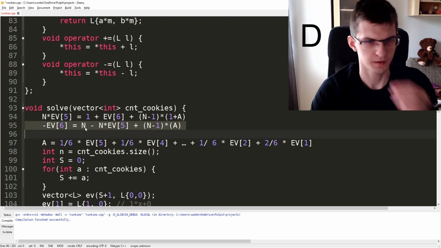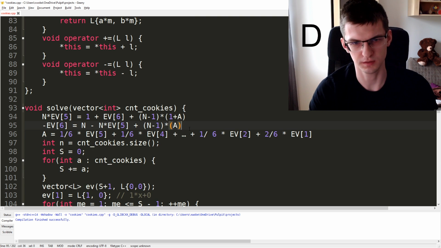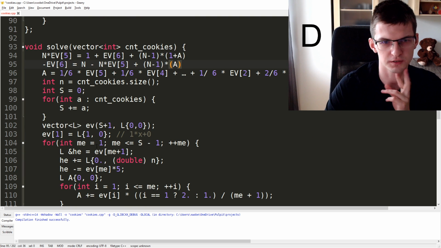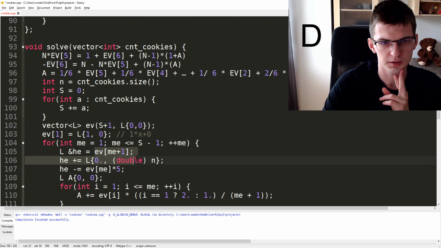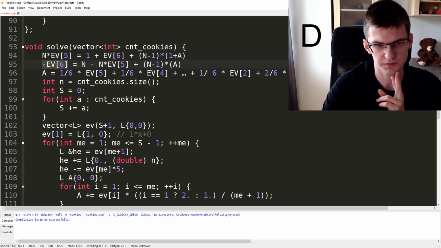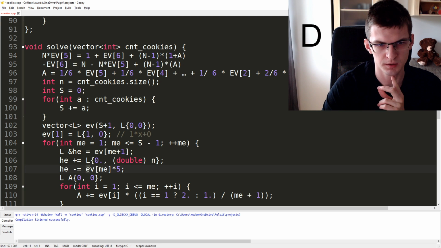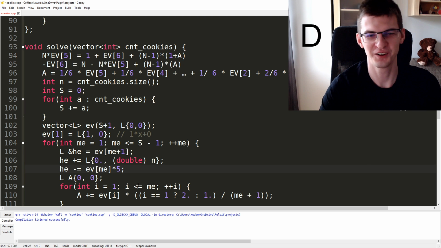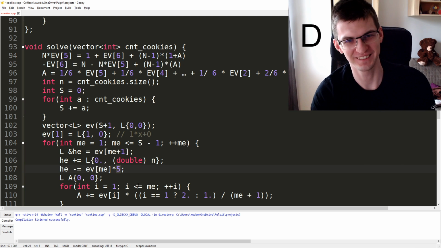Okay. Now, is this correctly used? EV of me plus 1, this thing, plus equal n, that's that, minus equal EV of me times, who put 5 here?